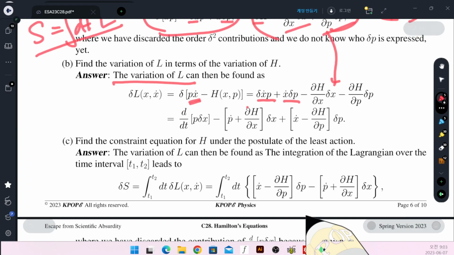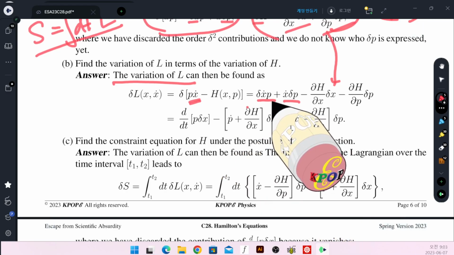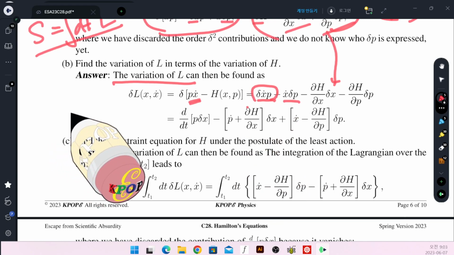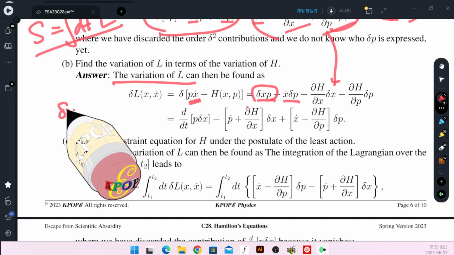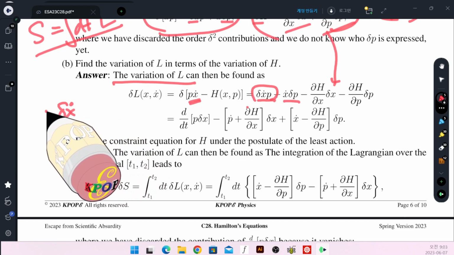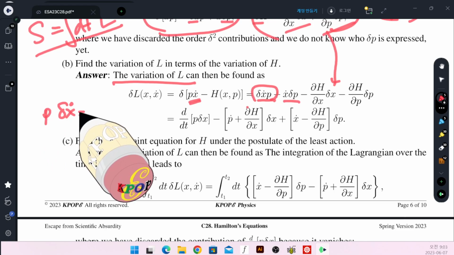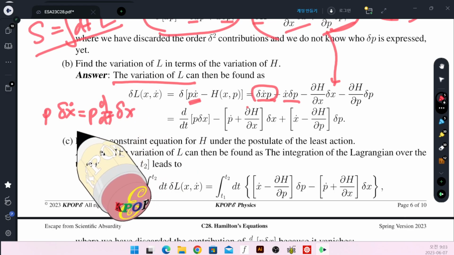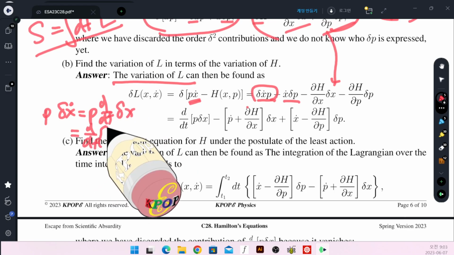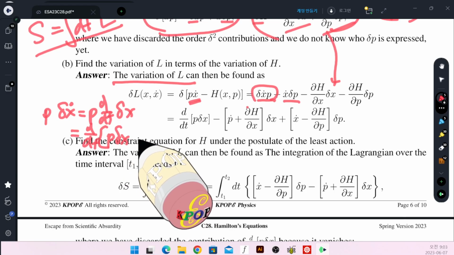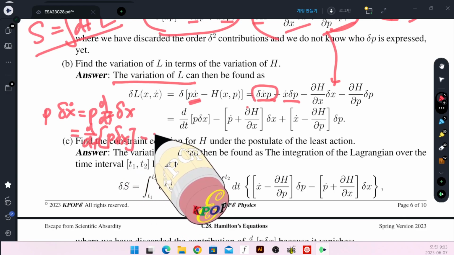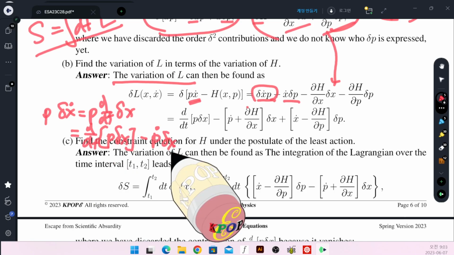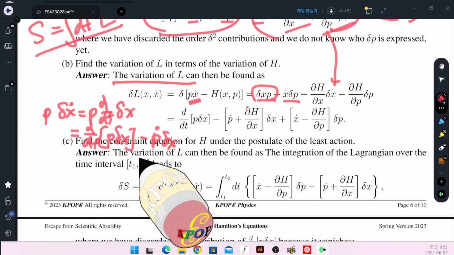As a result, we find that this one is delta x dot p, and this is p times the time derivative of delta x, and this is a total time derivative of p delta x subtracted by p dot delta x, right? This is integration by parts, or we can make use of the Leibniz rule to reproduce this.